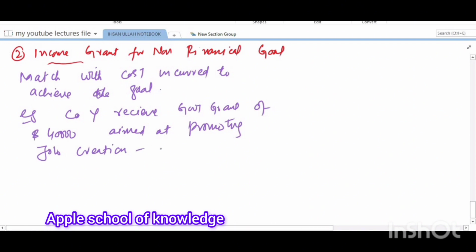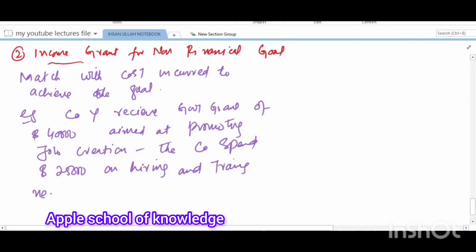Now the company has spent some money, let's say 25,000, on hiring and training new employees during the reporting period. How do you treat this?